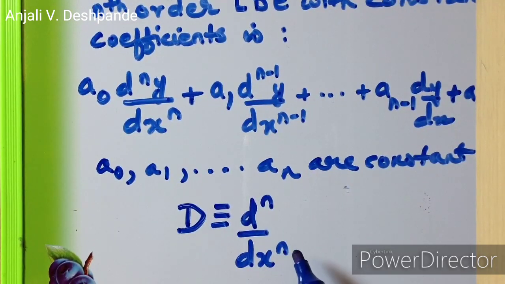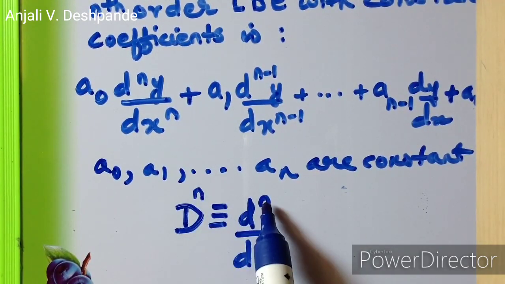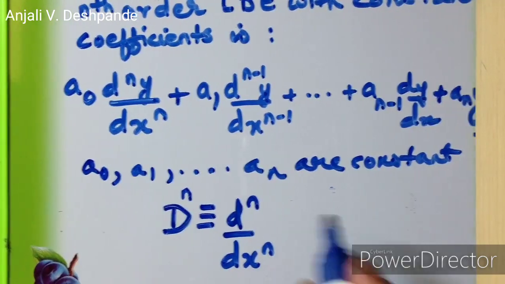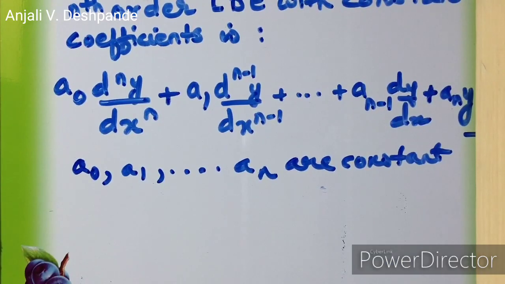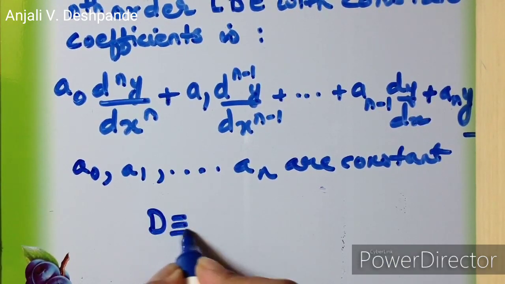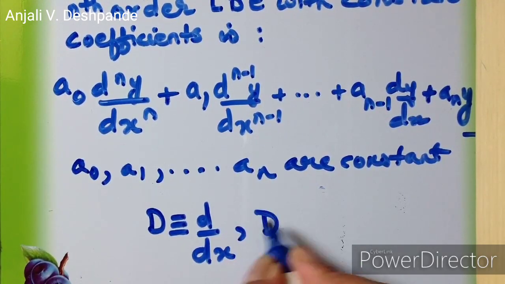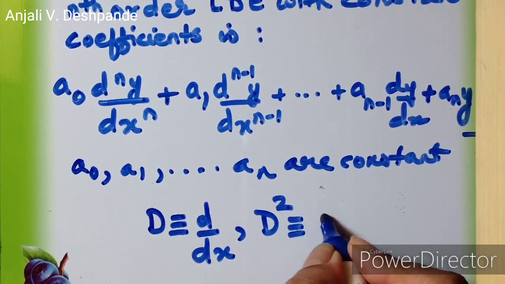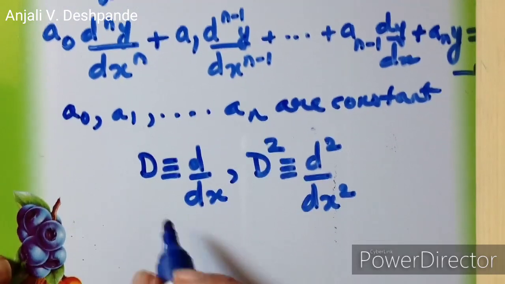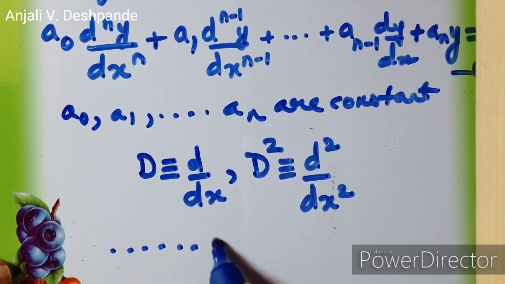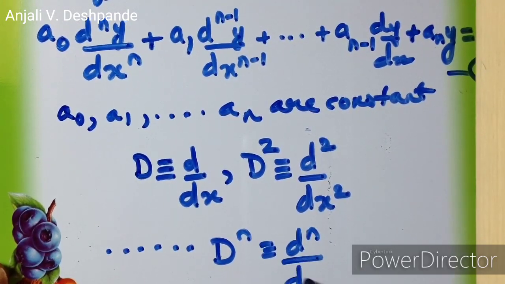So depending upon the power, that will be the power over here. For example, let me explain more. D is equal to d by dx, or D square is d2 by dx square. Like this way you can go on.